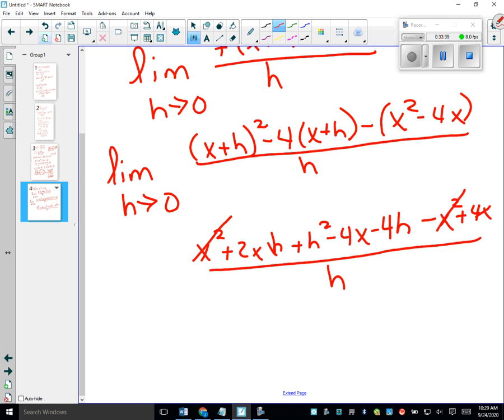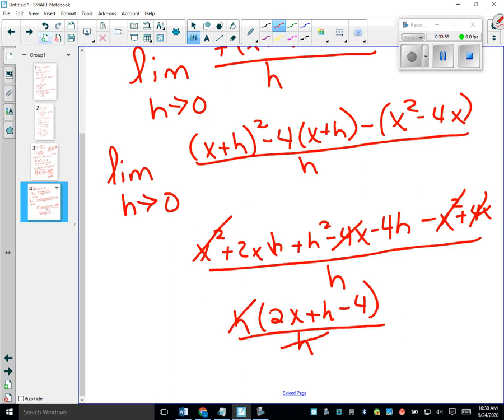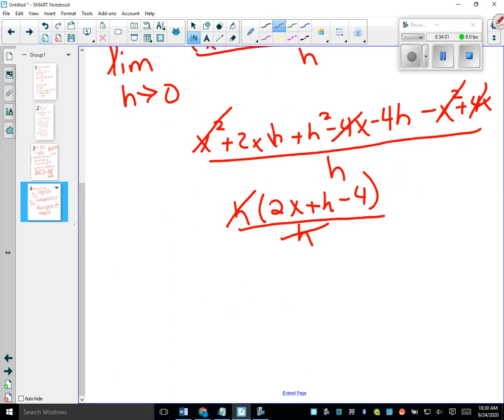Now we just take out an h, and I'm left with h plus 2x minus 4 over h. So cancel, and plug in 0 for h: 2x minus 4. And I have 2x minus 4.